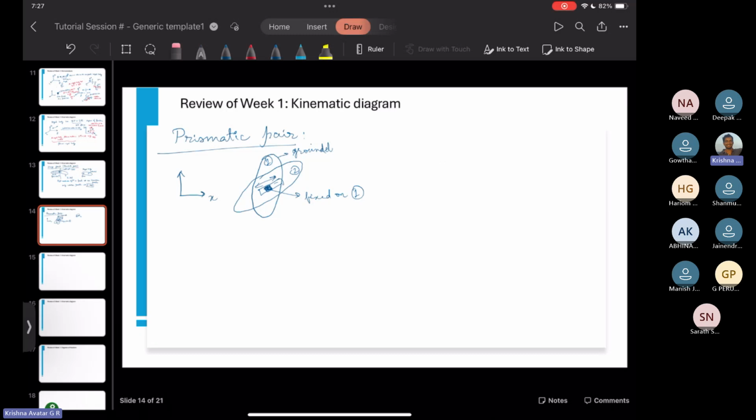Now you will say, okay, but in XY plane the motion is like this. So you will say, okay, but it's able to move along X and Y directions, right?